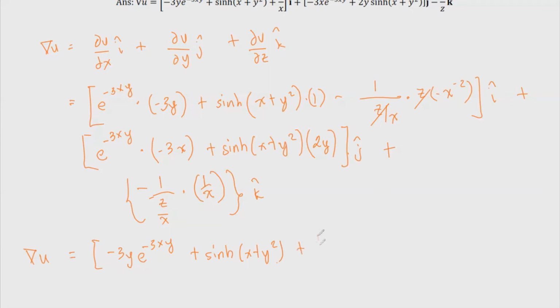So we have positive 1 over x, and then that is i hat, and then plus we have negative 3x e raised to negative 3xy, and then we have plus the hyperbolic sine of x plus y squared multiplied with 2y. So we have 2y.